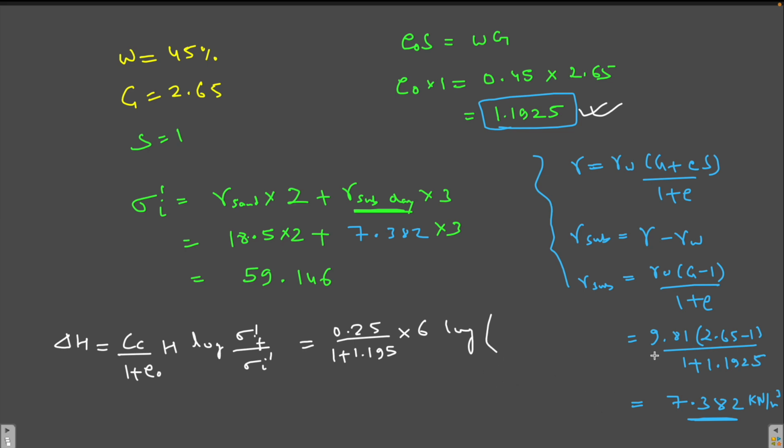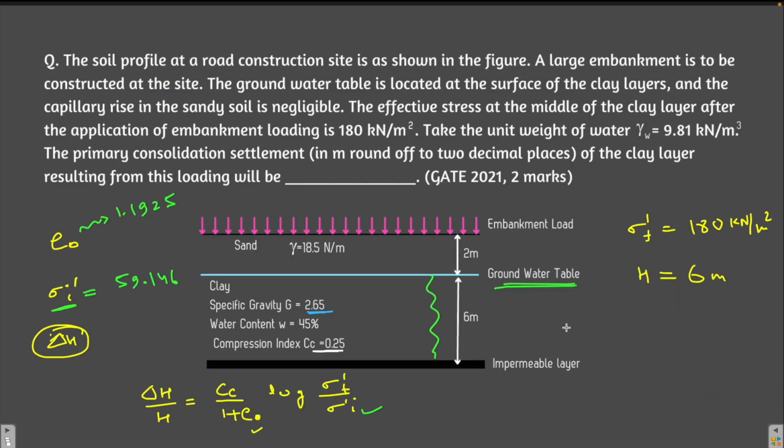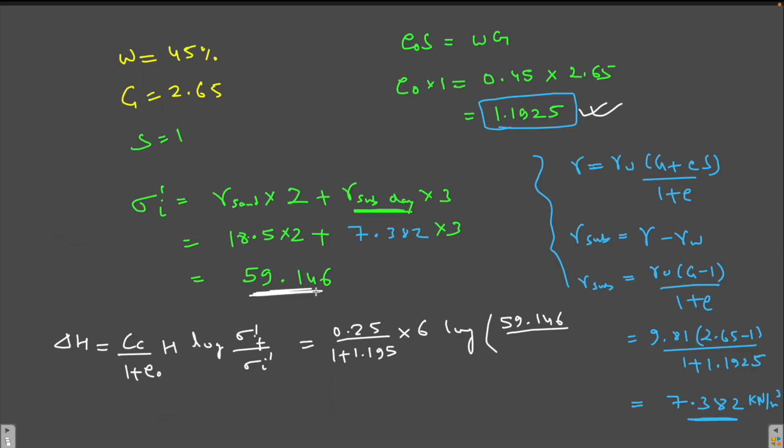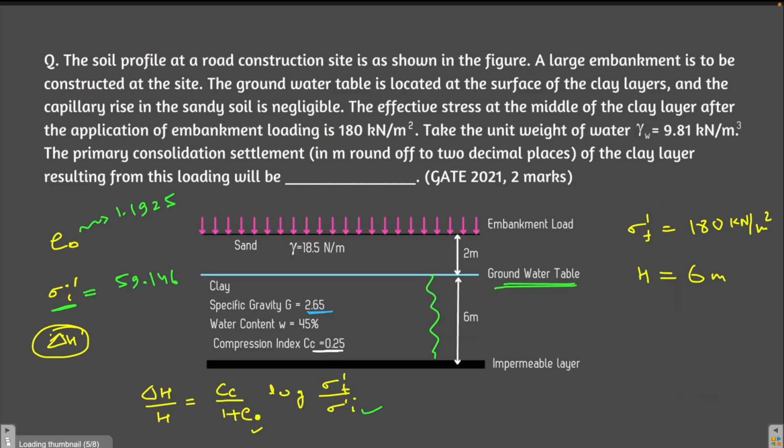What is sigma dashed final? We just found out the sigma dashed final. This was sigma dashed final, 59.146 by sigma dashed initial. What is sigma dashed initial? So I have committed a mistake. What we were finding was sigma dashed initial. Sigma dashed final was given in the question and it was 180.